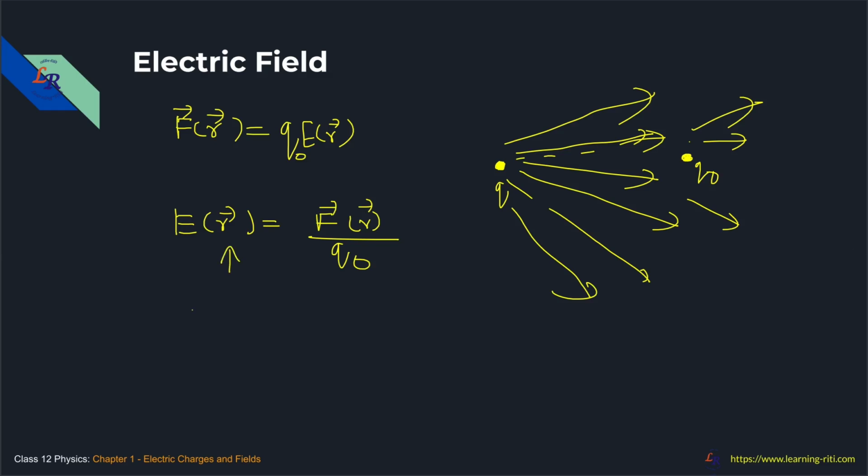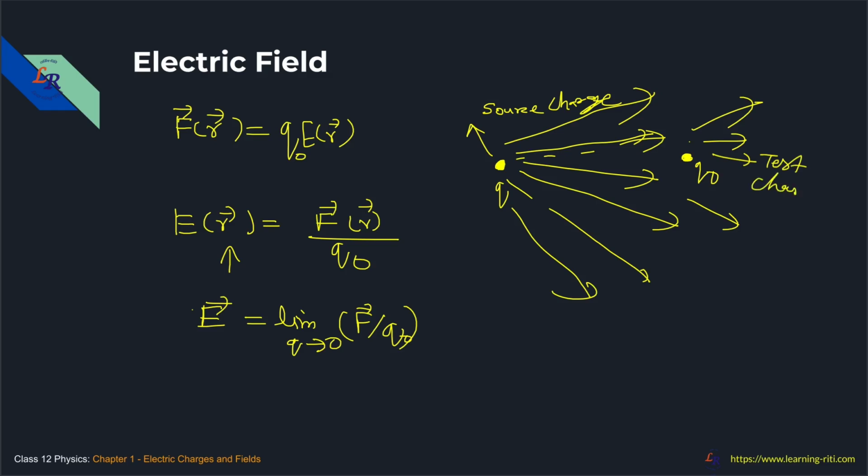So it means you should have a limiting approach, where you can say that the electric field would be the limit when the charge Q0 tends to 0, and the force will have some finite value, divided by Q0. Just remember that the charge producing the field around it is called the source charge, and the charge we are bringing to a given point in this field, Q0, we call the test charge. We will keep using test charge and source charge.